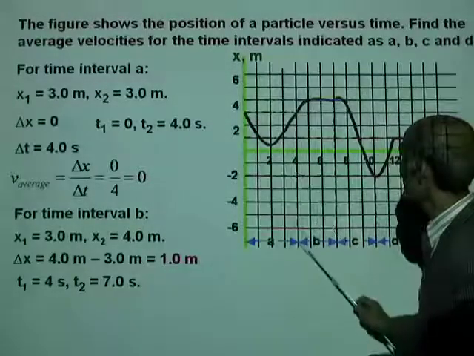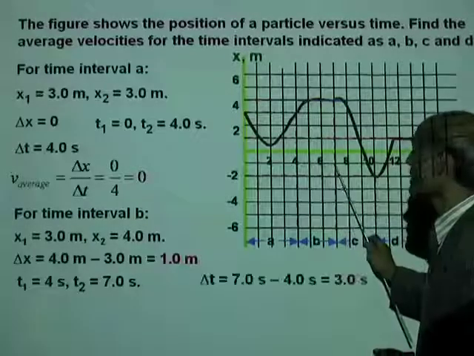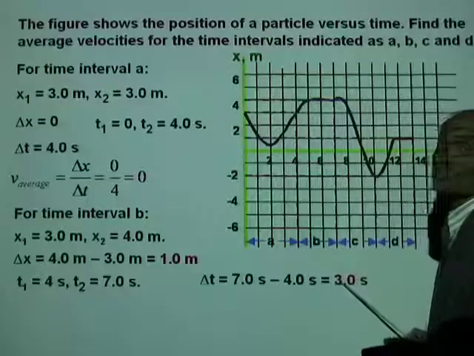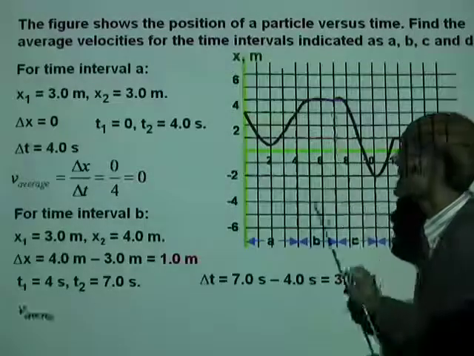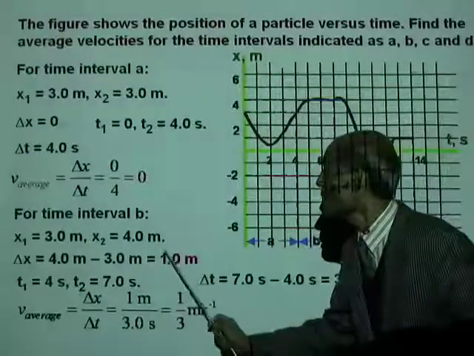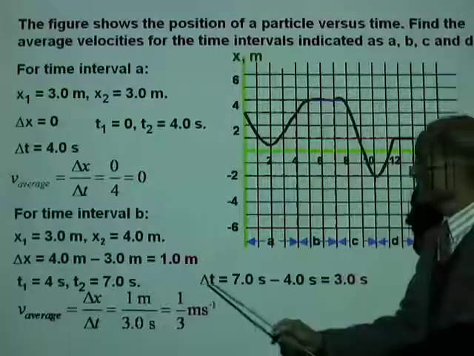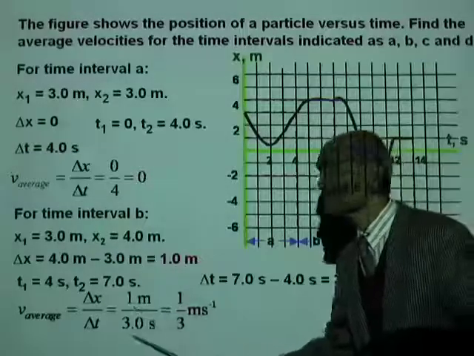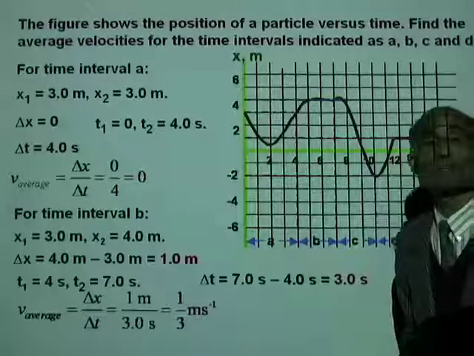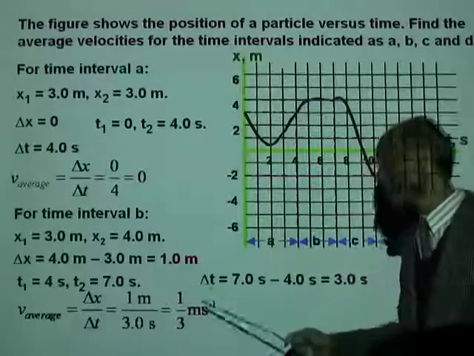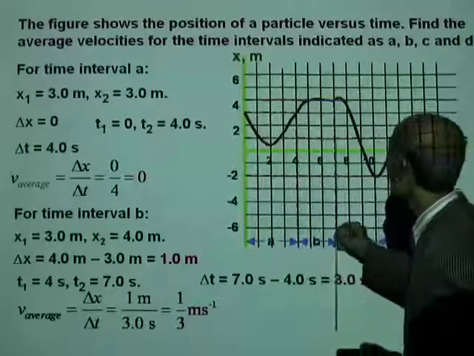And T2 is 7 seconds. Therefore, delta t is 3 seconds. The average velocity during that interval will be delta x divided by delta t. That is 1 meter divided by 3 seconds, that is 1/3 meter per second is the average velocity for the time interval given by B.